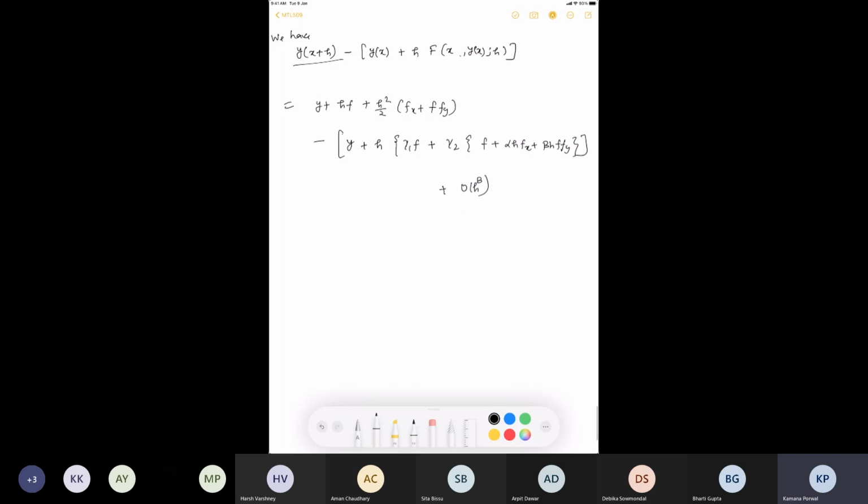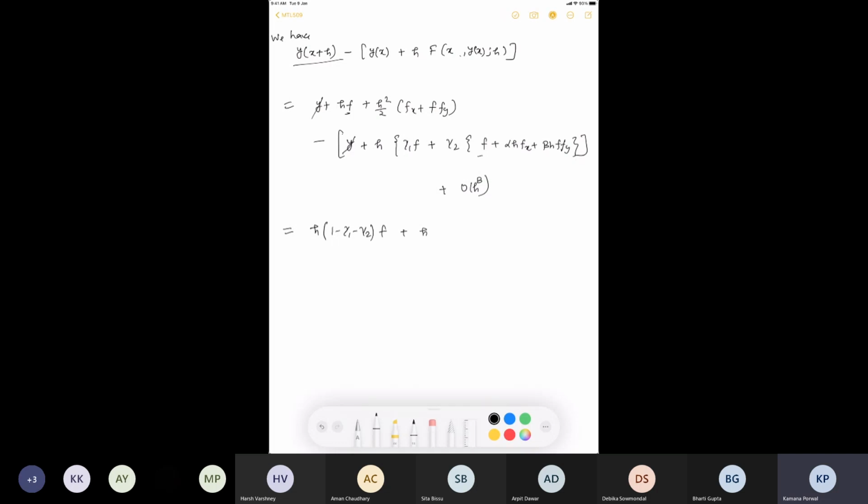Okay, so now let's club terms together. So y cancels out. And I'm just combining all the terms with the same power of h. As a multiple of h, I have f from here, and then gamma 1 f, and then gamma 2 f. So I will get 1 minus gamma 1 minus gamma 2 times f.